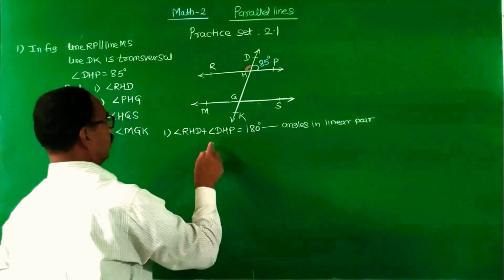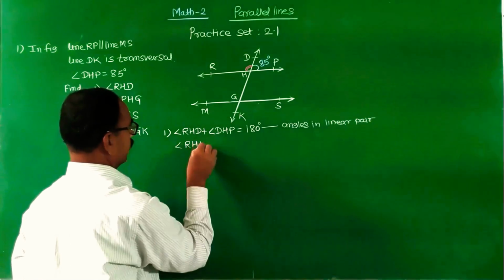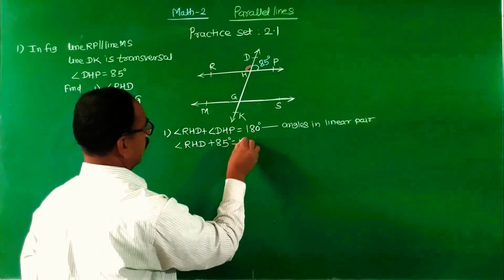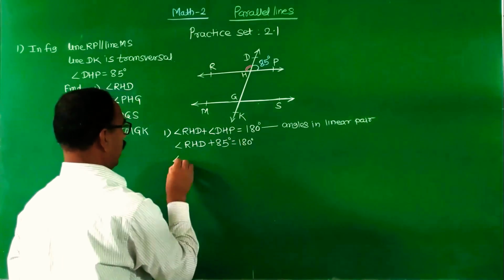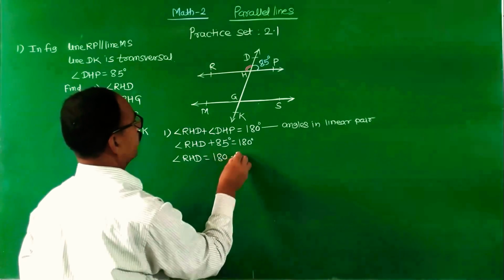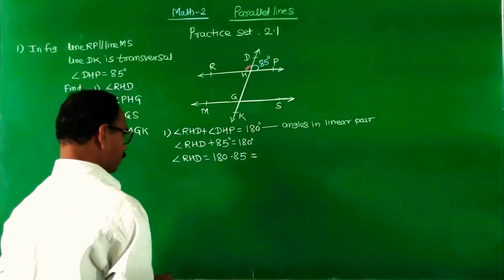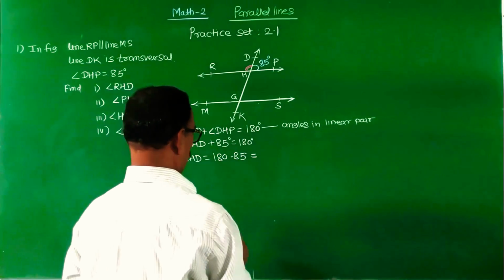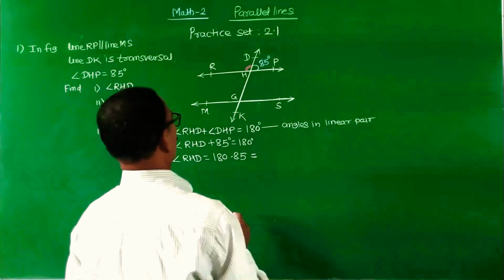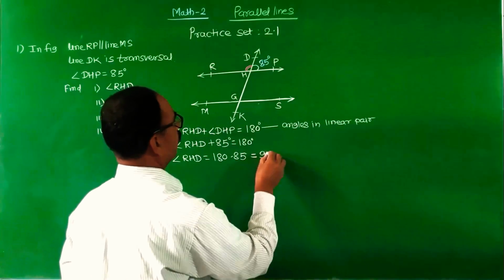So here we have DHP is 85, so angle RHD plus 85 degrees equals 180. So angle RHD will be 180 minus 85, which will be equal to 180 minus 80 is 100, minus 5, that will be 95 degrees.